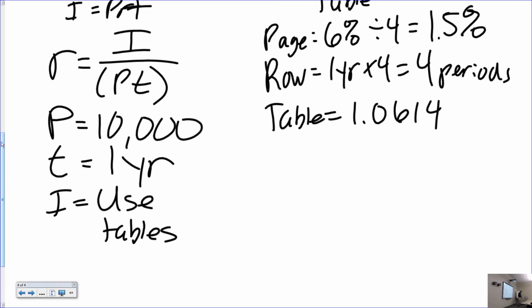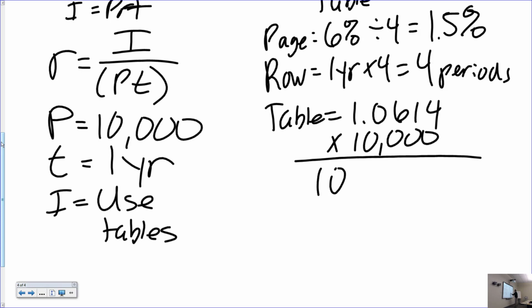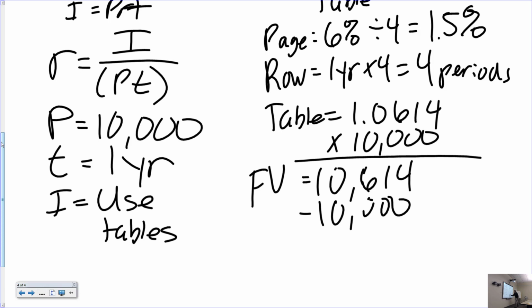Multiply by the 10 grand. For 10,614. What does this number again represent? Future value, so subtract 10,000 from it for the 614 for interest. Sweet. There's our I.